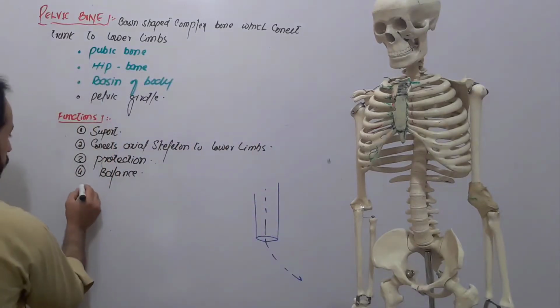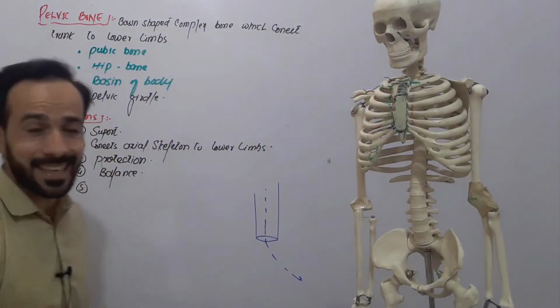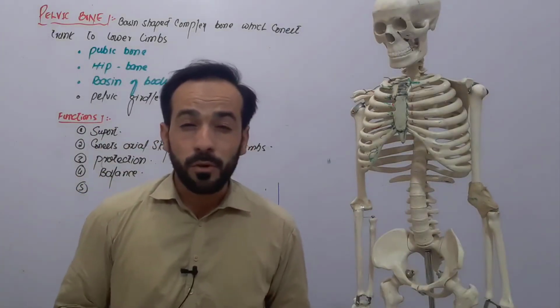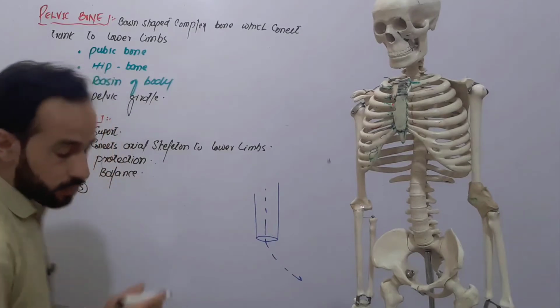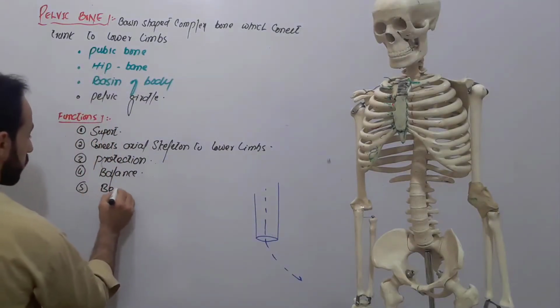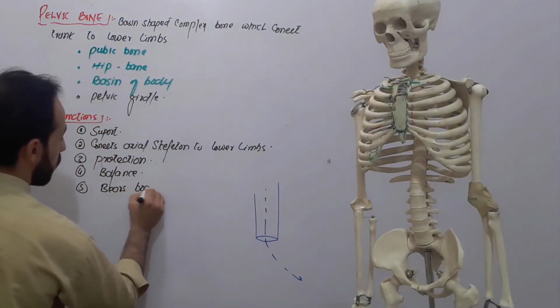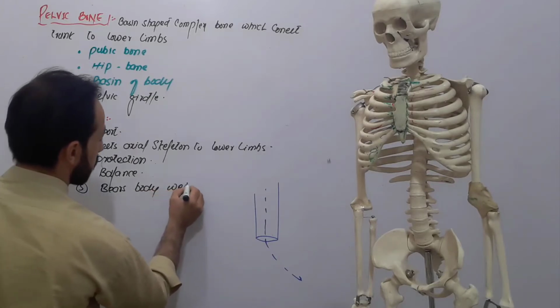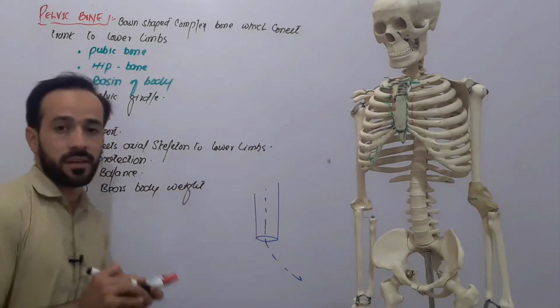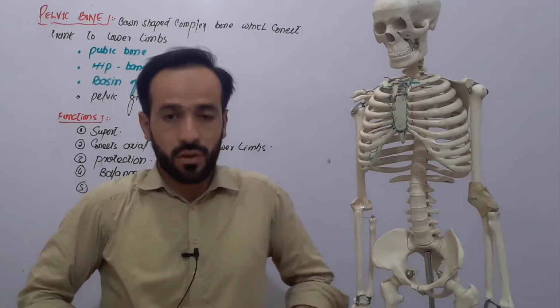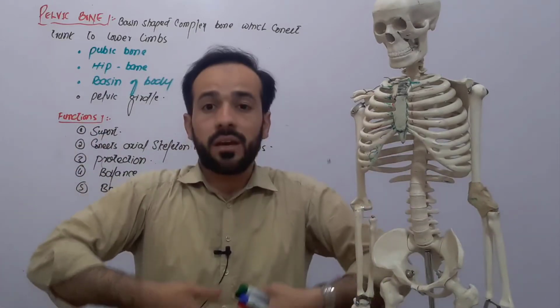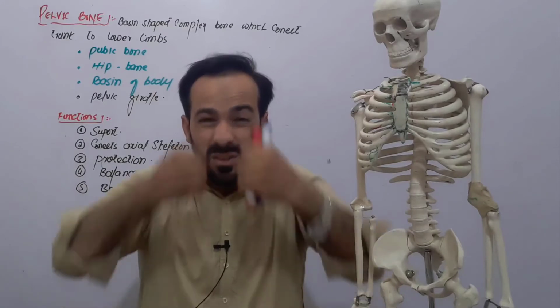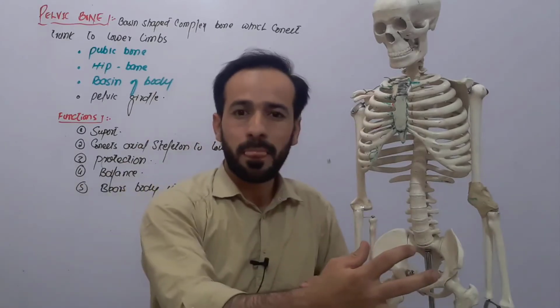Then the next function of your pelvic bone is that it is responsible to bear your body weight. So it bears body weight. If I'm standing, my upper skeleton, or I will say my shoulder girdle, upper limbs, and the axial skeleton, all are located above this pelvic bone.